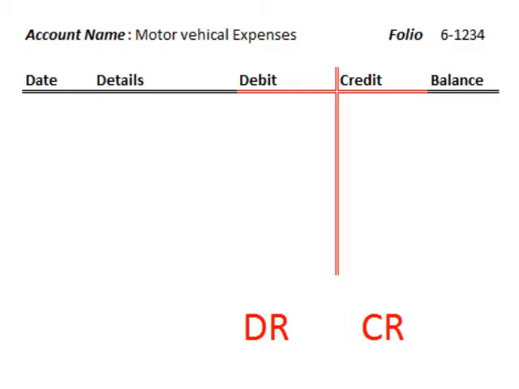See, the problem with the old-fashioned idea was you could never know what the balance of the account was until the end of the period, when you added up the debits and the credits and took one away from the other and came up with a balance. In the modern ledger accounts, as you can see, you have a balance column which is continuously being updated, so at any time at all you can always tell what the balance of the account is.